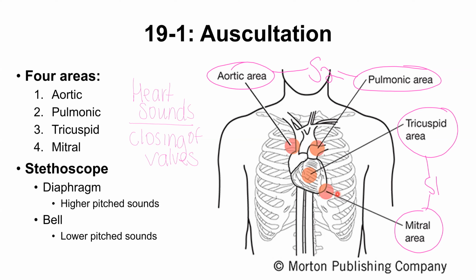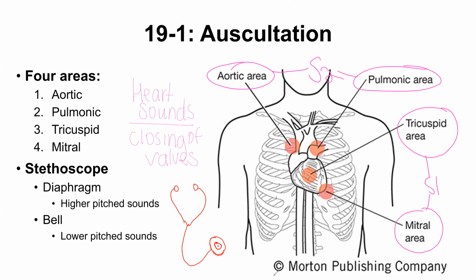When it comes to listening to these different sounds, you're doing so through a stethoscope, and understand that a stethoscope actually has 2 different parts. It has a diaphragm and a bell. If you are looking at a stethoscope, you'll notice there's a bigger circle, and then there's usually a smaller circle.